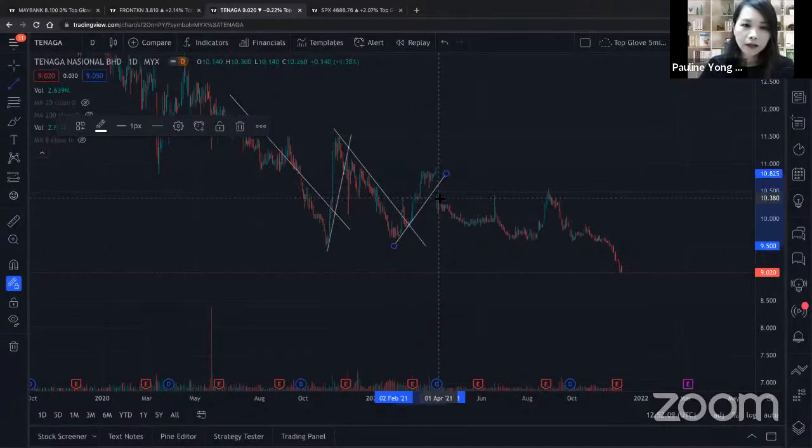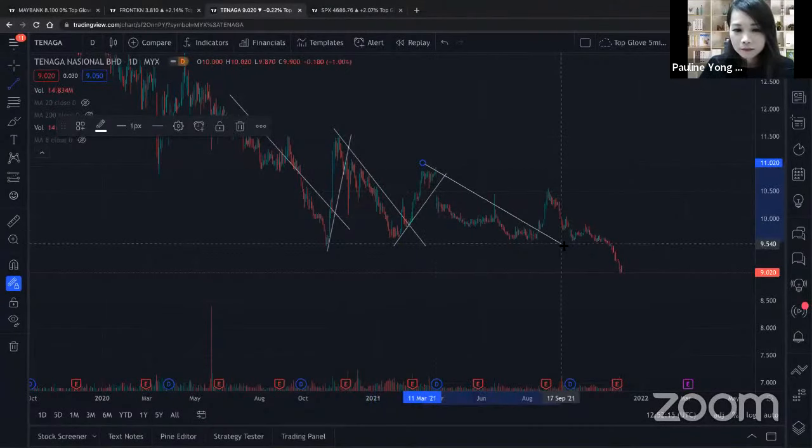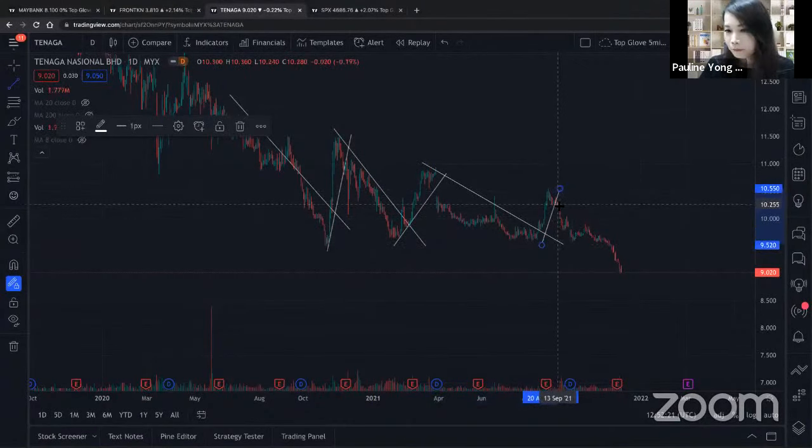So 10.38 minus 9.95, I make 40 cents. Let's say I buy at this 9.80 and then I sell at 10.25. So I make 45 cents.